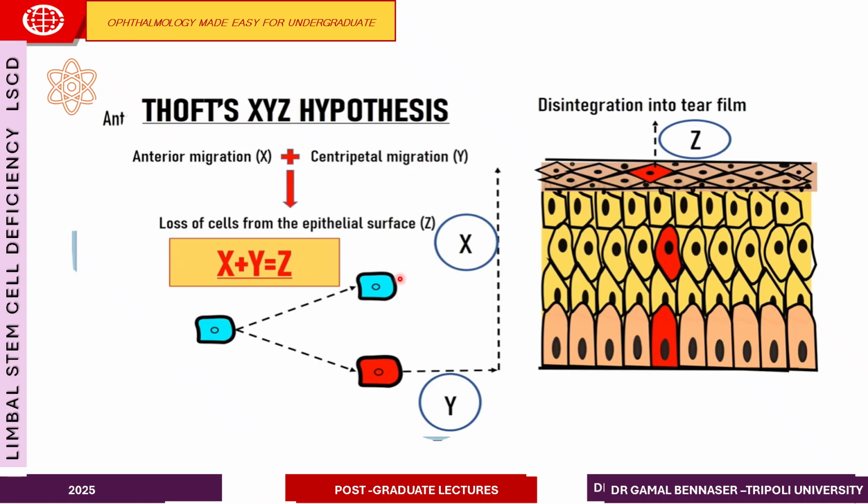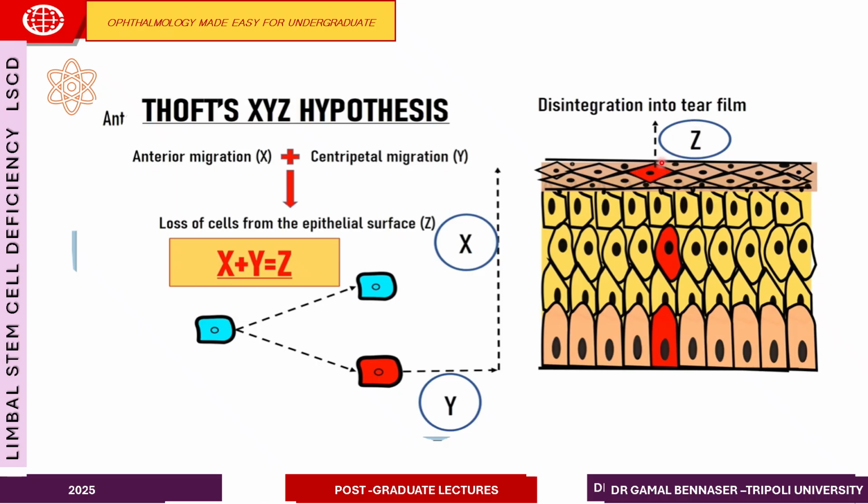The daughter stem cell will keep the population of normal stem cells, and the transient amplifying cells will migrate along the Y-axis, so that they propagate from the limbus toward the center of the cornea, and then undergo differentiation and migration toward the apex of the cornea through the X-axis. So these are the mitotic cells that propagate along the X-axis, so that they end up reaching the terminally differentiated cells.